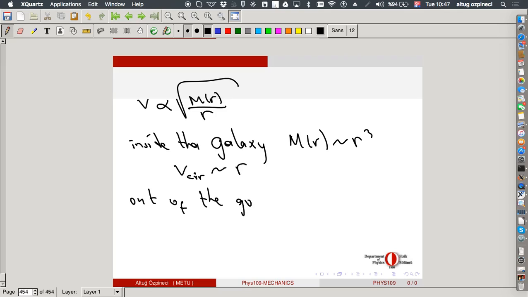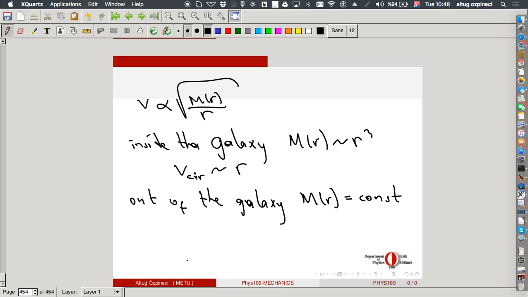Out of the galaxy, you see, our star is out of the galaxy. So all of the galaxy is already inside this sphere. So all of the galaxy will be pulling our star, but that won't change. The mass of all of the galaxy doesn't change as the star moves away. So M(r) is just constant. All of the galaxy is already inside my sphere.